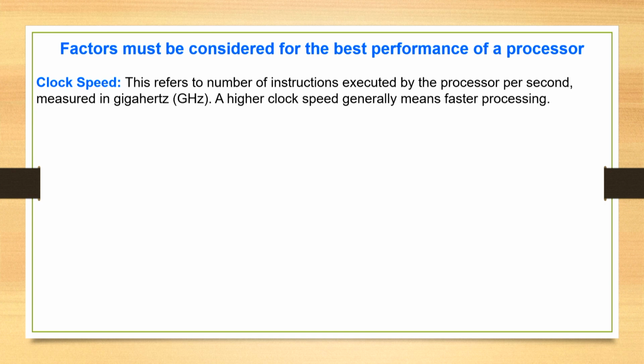Number one is the clock speed. Clock speed means the number of instructions executed by a processor per second. It is usually measured in gigahertz. So the processor whose clock speed is high is obviously considered to be the fastest processor.